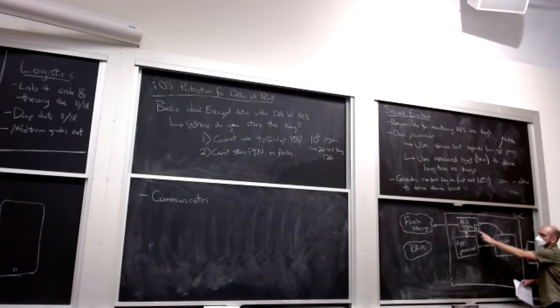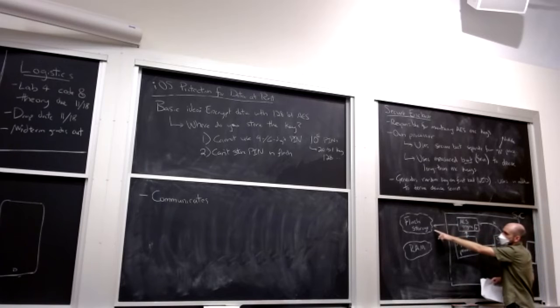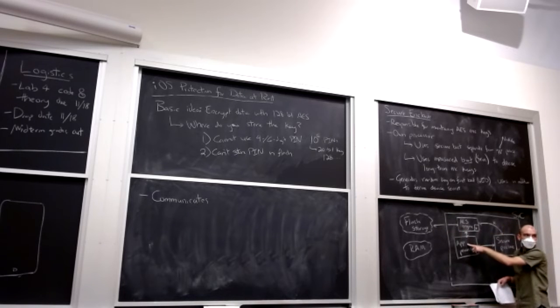When the application processor says, I want to read a particular file, the secure enclave can send this key over to the AES engine and say, here's the key I want you to use. The AES engine can read the encrypted file from flash storage, decrypt it, and pass it to the application processor without the key ever leaving this AES engine.